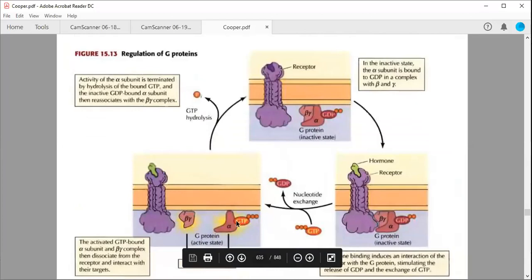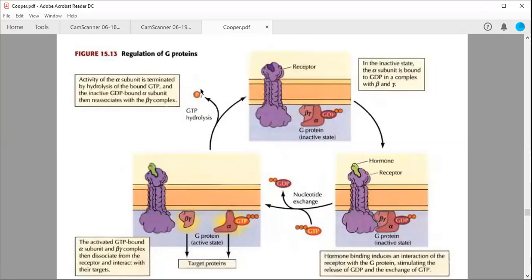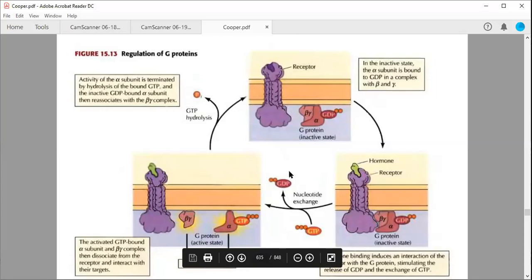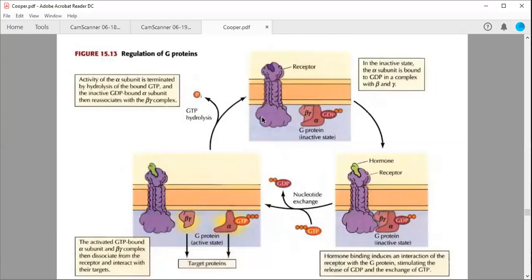In the GTP bound state, it is active and activating your adenylate cyclase enzyme. But once this GTP is hydrolyzed, inorganic phosphate will be released, which is actually the gamma phosphate. Then it again has bound GDP, and in this diagram it will again interact with the beta gamma complex.